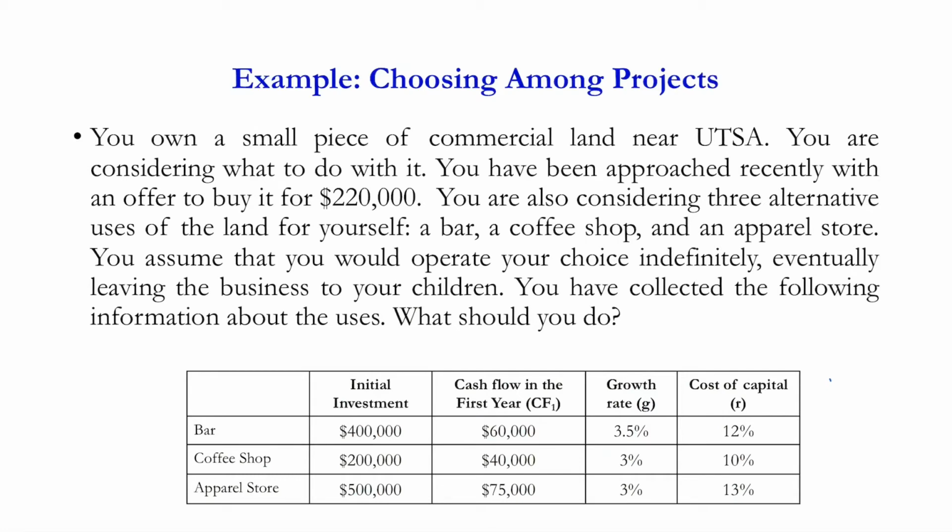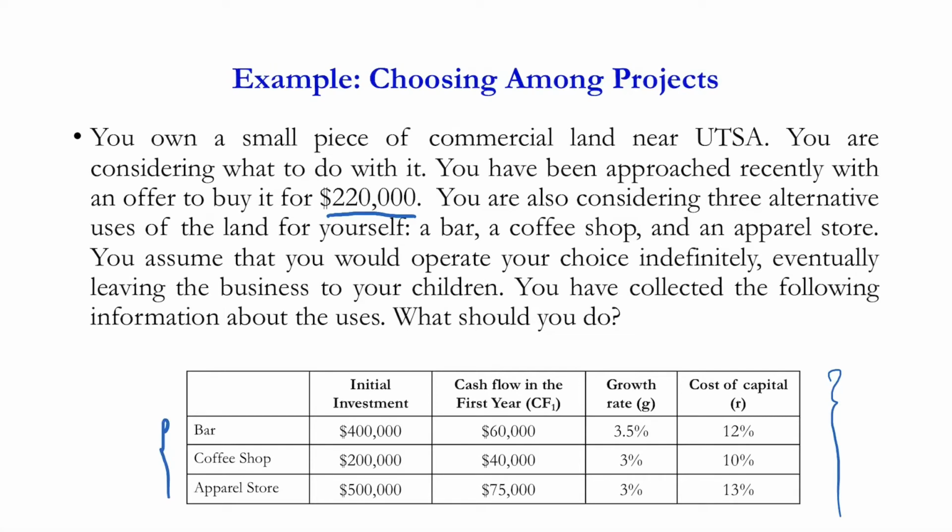You have collected this information, so how can you decide which project to choose? You have three options: running a bar, running a coffee shop, or running an apparel store. And you also have the option to sell your land. So the NPV, or the benefit of doing any of these three projects, net of their cost, should be higher than the price that you can sell the land at.